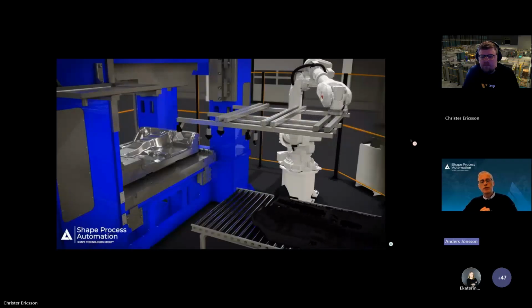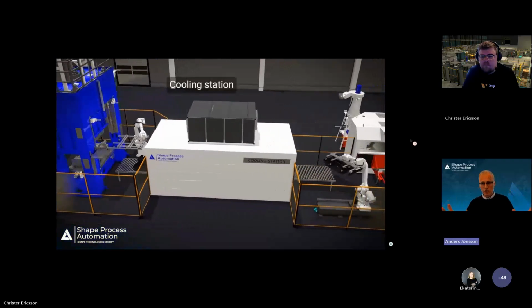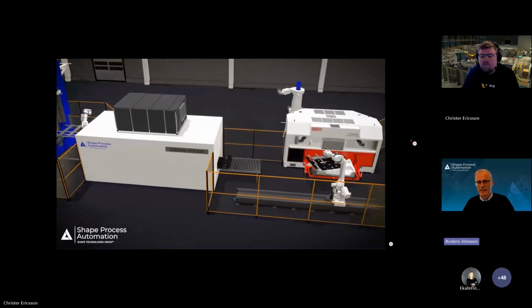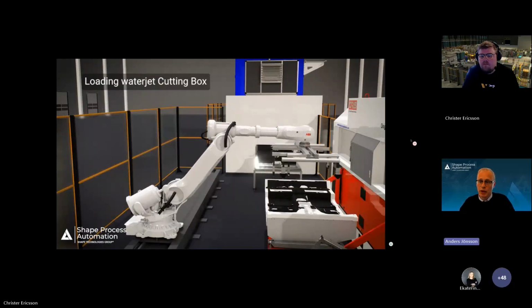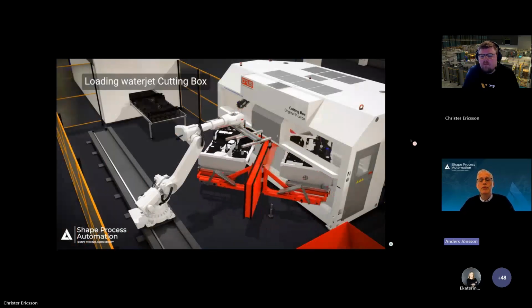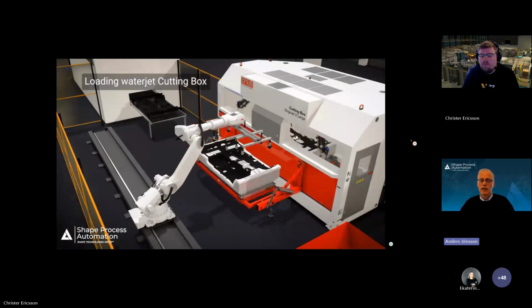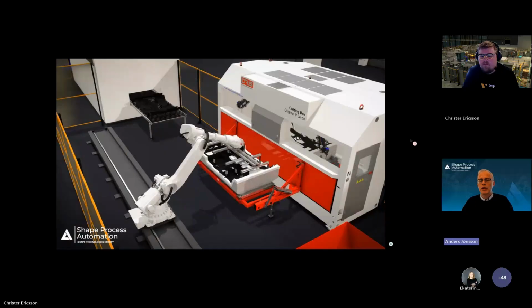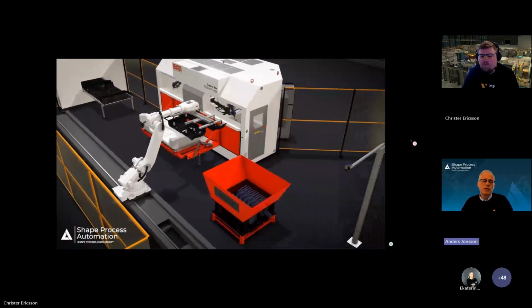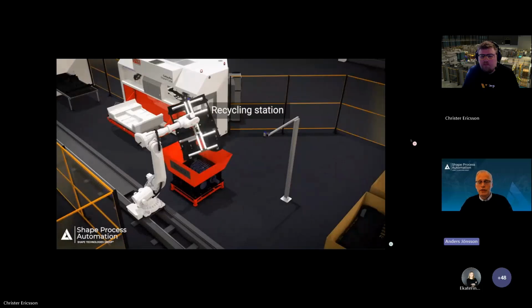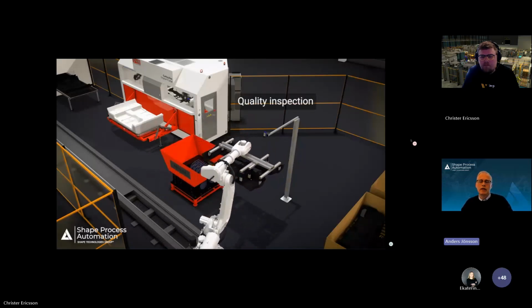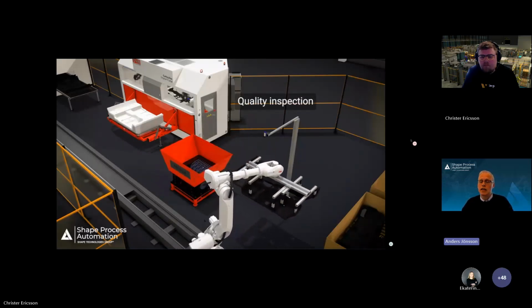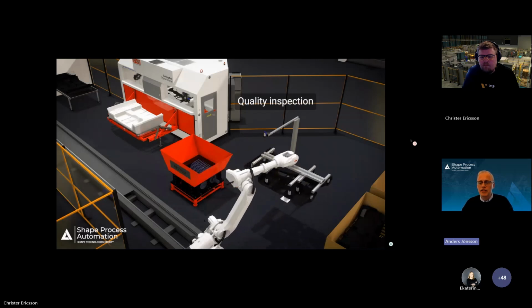And what we want to show here is the full picture of a customer's process. Our core business is the water cutting box, so to say. And we want to show potential customers how a full production line, fully automated, could look, because we also have that competence in our company, not only water cutting, to handle the product from start till the end, including quality inspection, maybe some extra processes like gluing or other stuff.